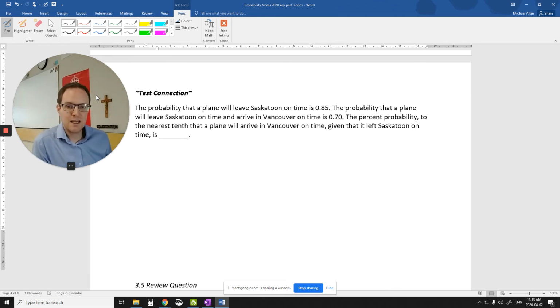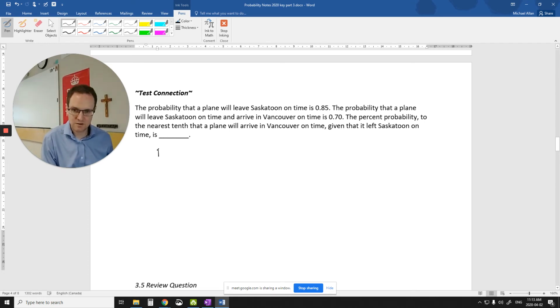So the probability the plane will leave Saskatoon on time is 85%, or 0.85. The probability the plane will leave Saskatoon on time and arrive in Vancouver on time is about 70%. The probability that the plane will arrive in Vancouver on time, given that it's already left Saskatoon on time, is what?